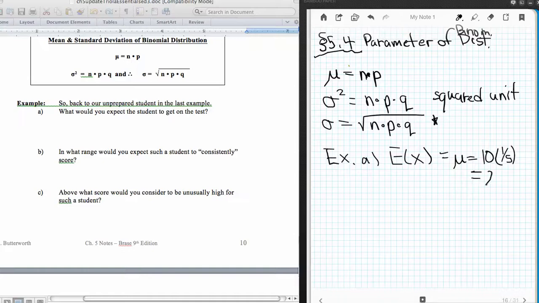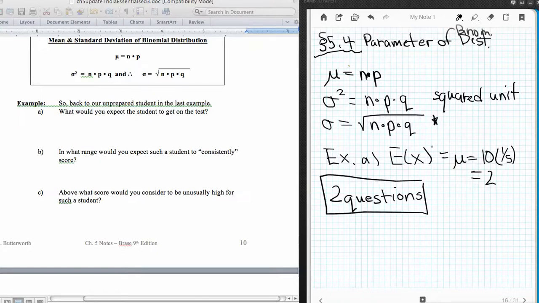And so that means on average, you would expect the student to get 2 questions correct if they were flat out guessing on the test. That's not a very good grade, is it? 2 out of 10 is going to give you a 20%, and 20% is definitely failing.